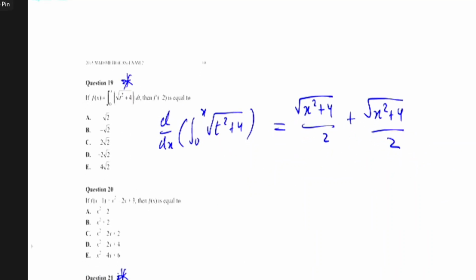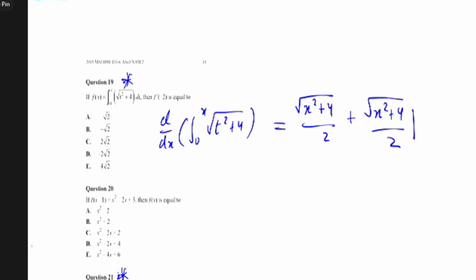And then here I just said given that x is equal to negative 2 from here, so that's just putting x is equal to negative 2 inside. And then you get 2 root 2.